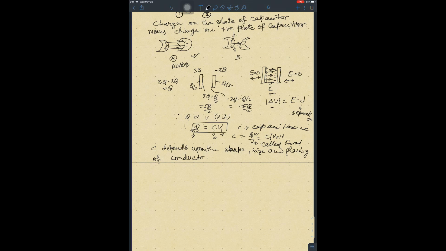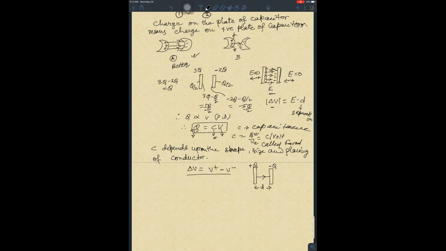One more thing you are supposed to understand: if we consider two parallel plates in this way, one given charge plus Q and the other given minus Q, and the electric field is generated, and D is the separation between the plates, then the potential difference between the plates, delta V, is basically the potential of the positive plate minus the potential of the negative plate.